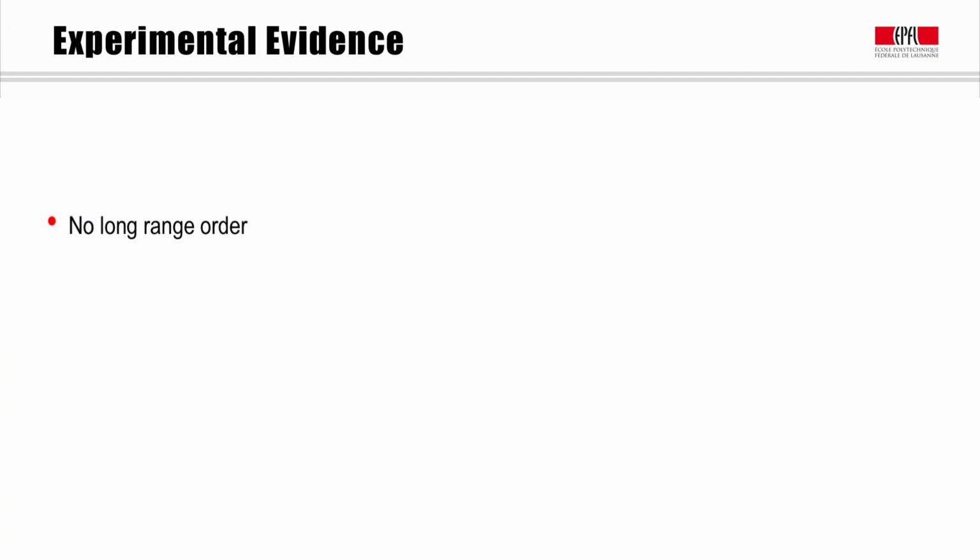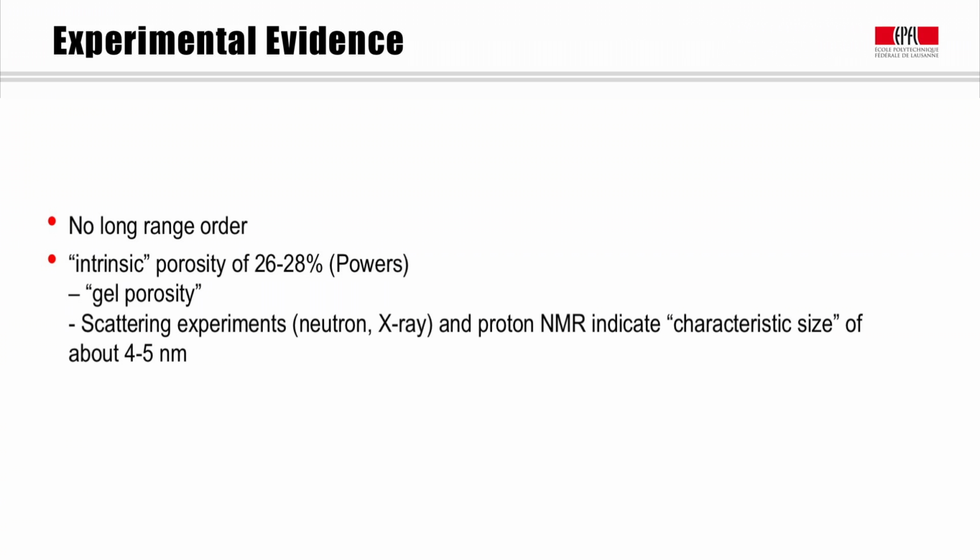First and foremost is the observation that we have no long-range order. That's to say, in normal cement paste, we don't see specific peaks from the calcium hydroxide by X-ray diffraction. The second thing, which was pointed out already by Powers back in the 1940s, was that CSH has this intrinsic porosity.